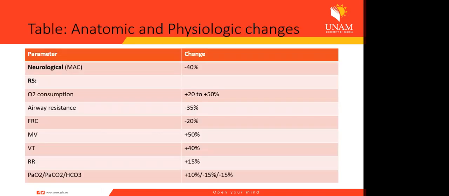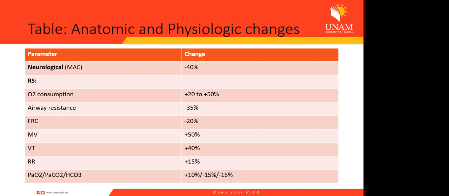All right, this is a table to show you some of the anatomical and physiological changes. The MAC reduces by as much as 40%. Oxygen consumption increases by as high as 50%. There's reduction in airway resistance, functional residual capacity decreases by 20%, and this predisposes the woman to desaturation and apnea during general anesthesia.